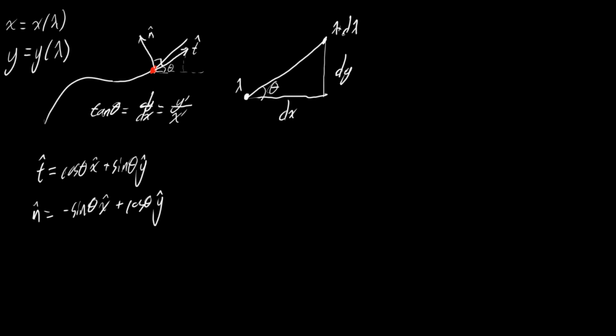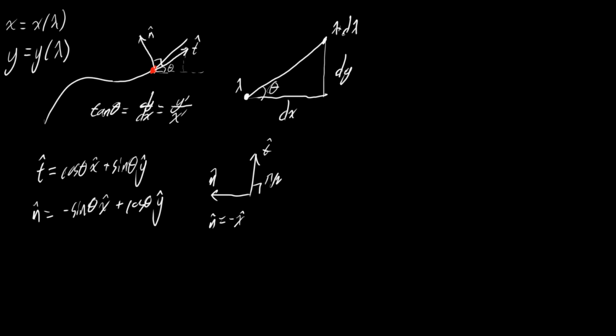So you can see that if we plug in, let's say theta is equal to 0, t hat will face purely in the x direction, and n hat will face purely in the y direction, which would make sense. Now let's say we plug in theta is equal to pi over 2. Then t hat will face purely in the y direction, and you can see n hat would have negative x hat, facing purely in the x direction and to the left.